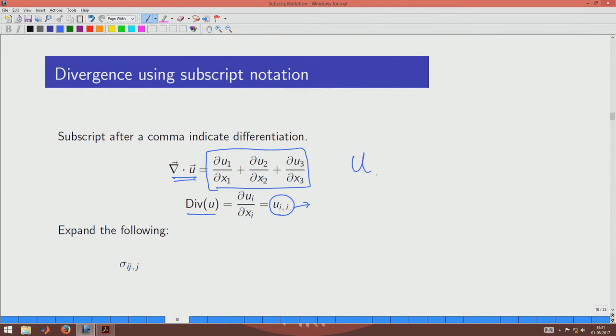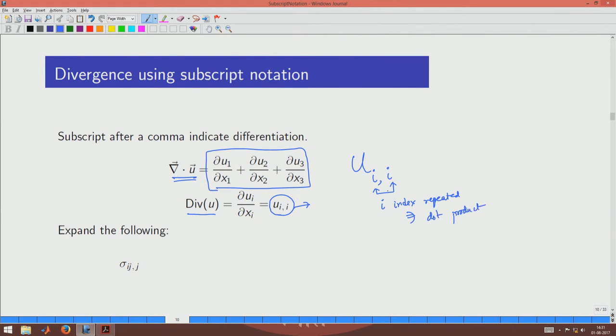When you write something like u i comma i, the fact that there are repeated indices, the i index being repeated, implies that we are talking about a dot product here. Okay, so there is a dot coming in there.